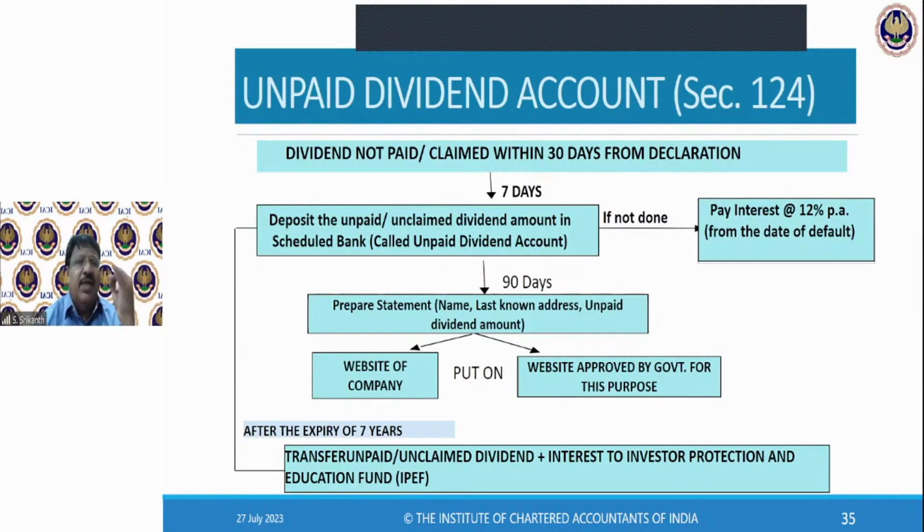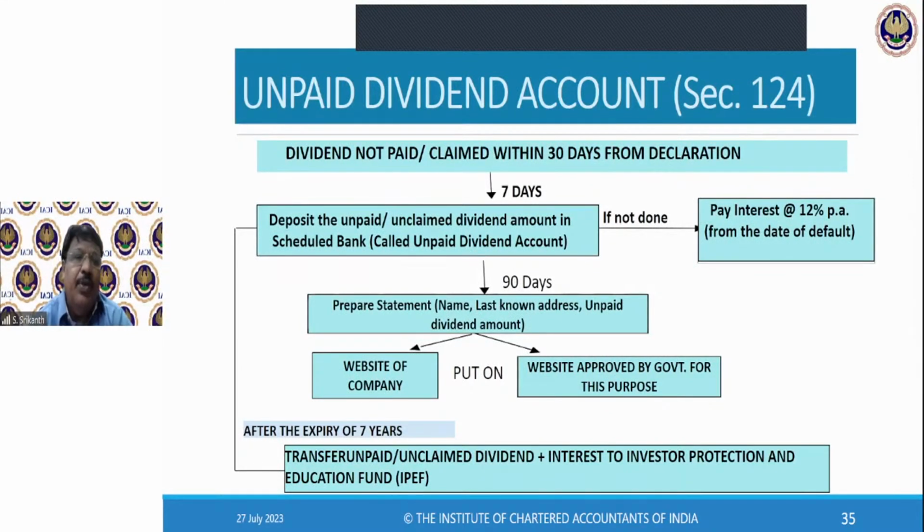Then otherwise from the next day, 7 days: 1, 2, 3, 4, 5, 6, 7. Within that 7th day, you have to deposit the unpaid or unclaimed dividend amount in a scheduled bank, in an account that should be called XYZ Limited.